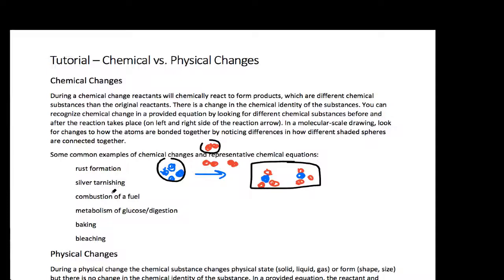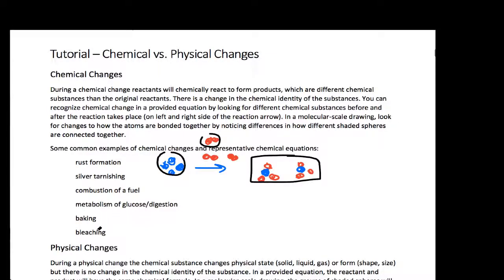Examples are carbon dioxide, which is a greenhouse gas, and water, and carbon monoxide, and sulfur dioxide, a bunch of different chemicals. So definitely chemical change when you burn fuel. Just like burning fuel in your body, so metabolizing glucose or sugar, digesting food, those are all changes that happen chemically. Baking and bleaching, also chemical processes.